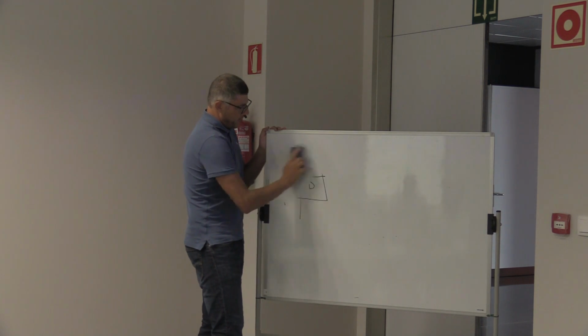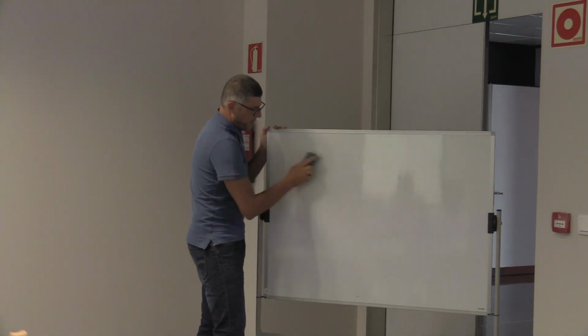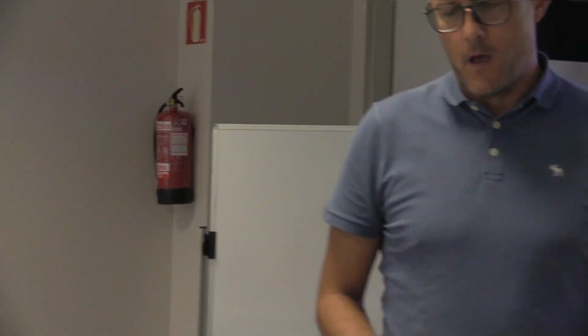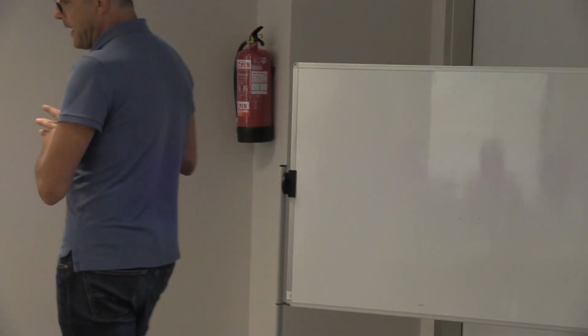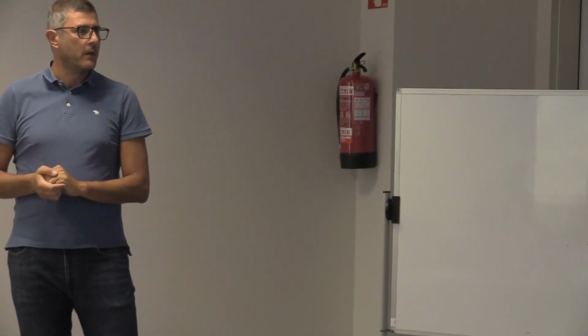So the next topic, as we said, is support vector machines, SVM, which are still a very hot topic in chemometrics and machine learning. They have a lot of applications. Why? First, because they can be used both for classification and for regression.